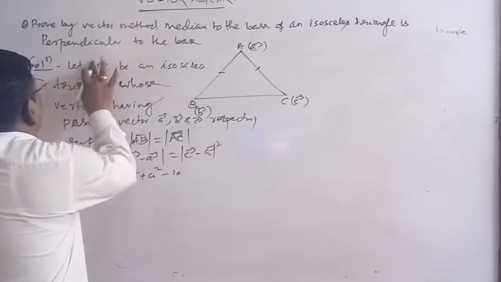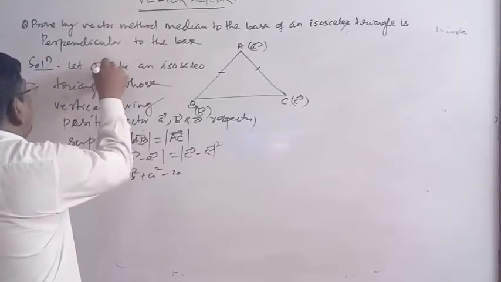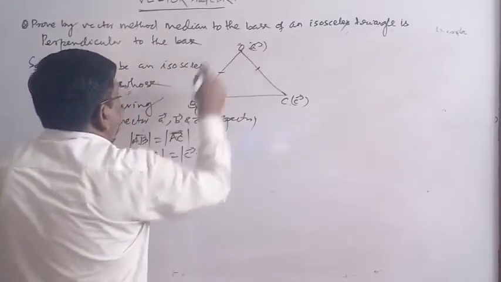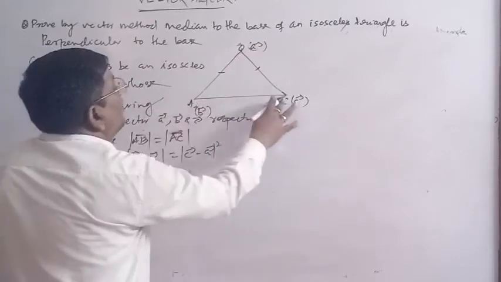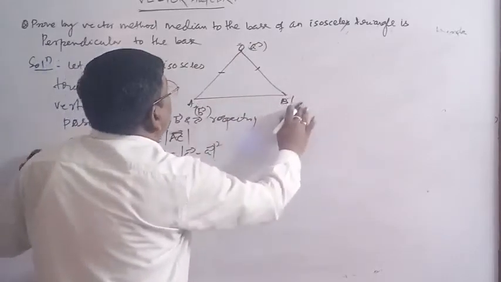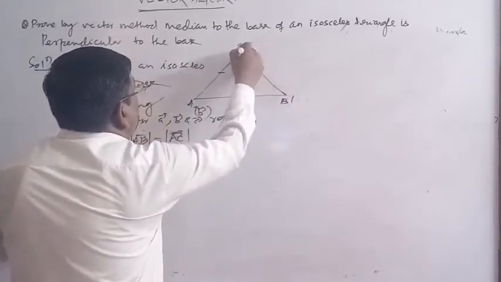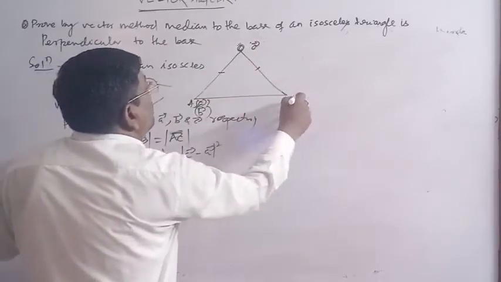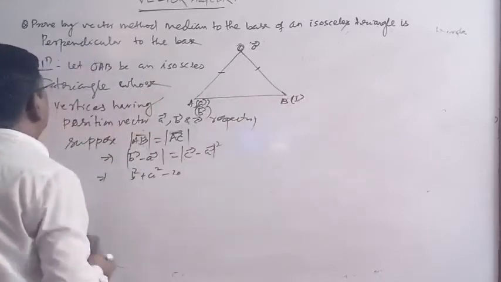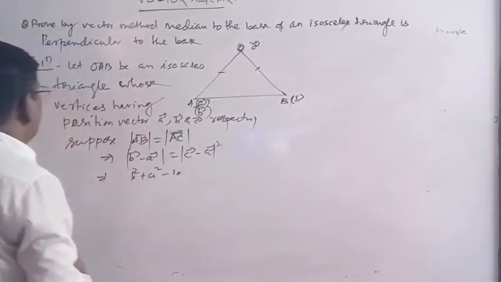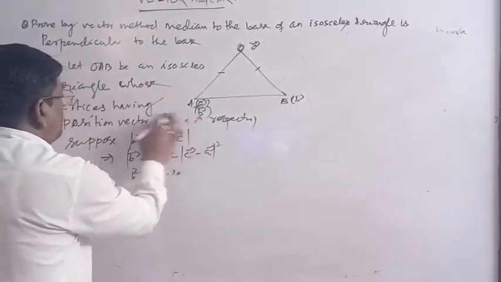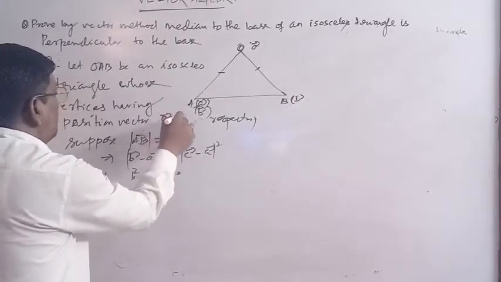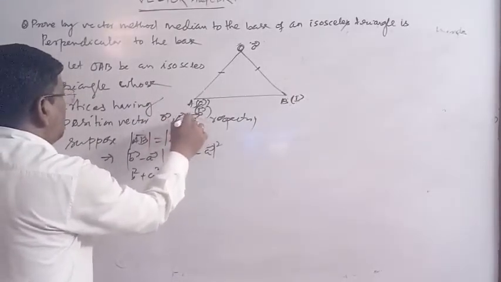Let OAB be a triangle whose position vectors are, that is origin 0, and this is A and this is B vector. So let OAB be an isosceles triangle whose vertices have position vectors 0 vector, A vector and B vector respectively.